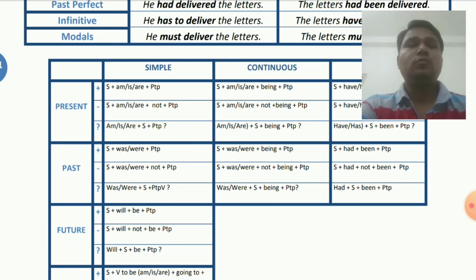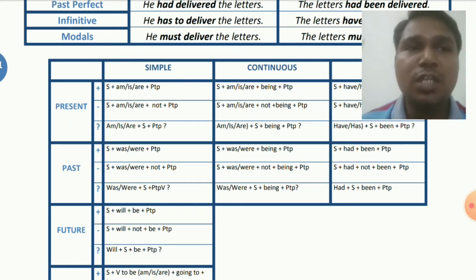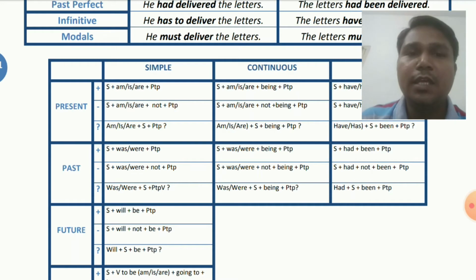To make negative, you have to use the format, that is, subject plus had plus not plus been plus past participle. To make interrogative, the formation is had plus subject plus been plus past participle plus question mark. The question mark is not mentioned here, but you have to remember the question mark is very important to make an interrogative sentence.